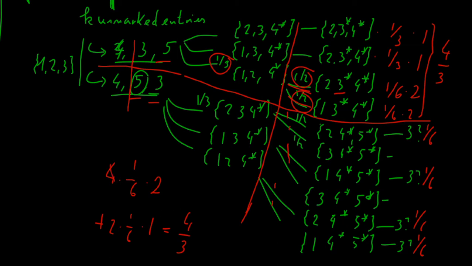So it's 8 over 6, which is 4 over 3, plus 1 over 3, which is 5 over 3. So this means that for this input, 1, 2, 3, 4, 5, 3, the expected cost of the randomized marking algorithm is larger than for this input.